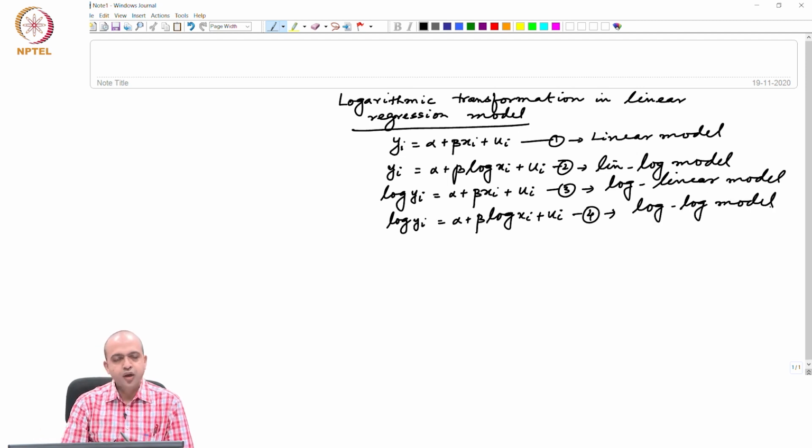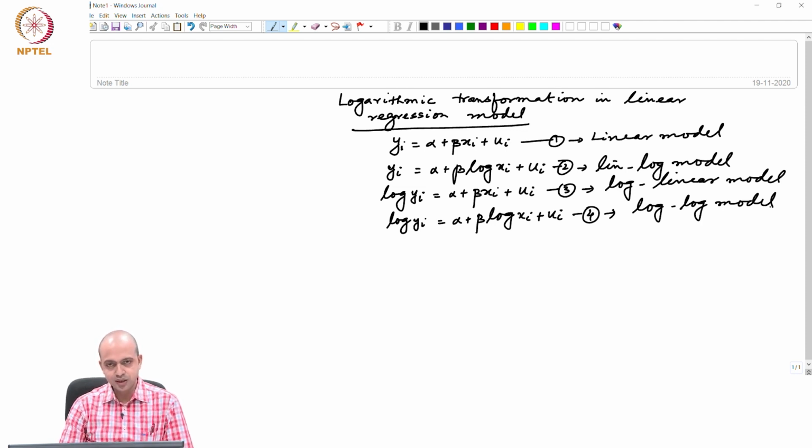Now, depending on which particular functional form you assume for your regression model, the interpretation of beta will change. The objective of today's lecture is to make you understand two things. First of all, why do you require this logarithmic transformation?